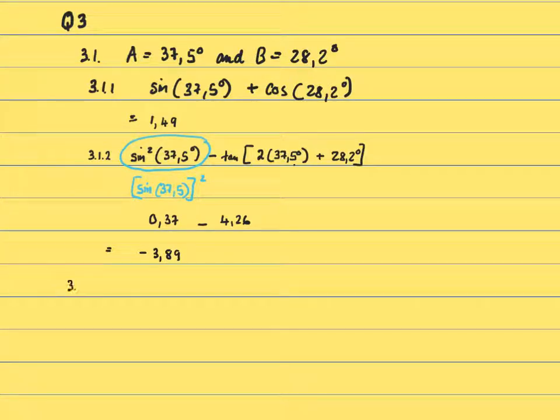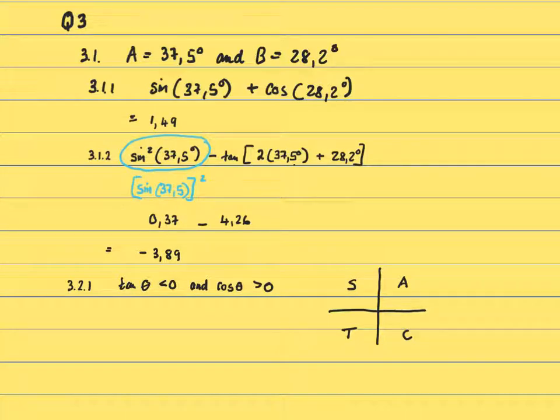Question 3.2.1 wants to know in which quadrant will the tan of theta be smaller than naught, and at the same time will the cos of theta be greater than naught. So here we have to know our CAST diagram. What I always do is I draw a little CAST diagram: all stations to Cape Town. I start with the first one and I say, right, where is tan negative?